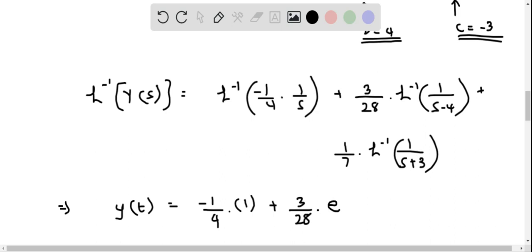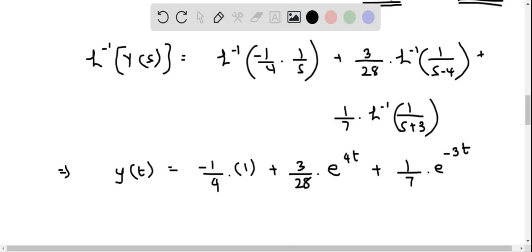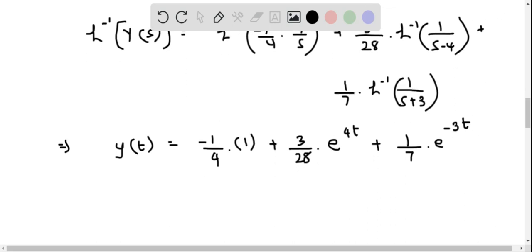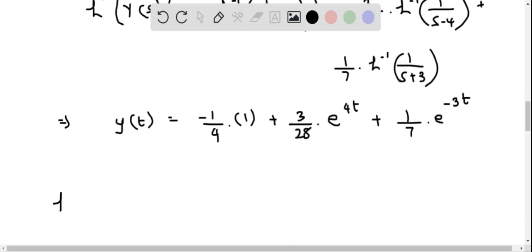This equals e power 4t, plus we then have 1 by 7 times the Laplace inverse of 1 by s plus 3, which equals e power negative 3t. We do this using the formula that Laplace inverse of 1 over s minus a equals e power at.